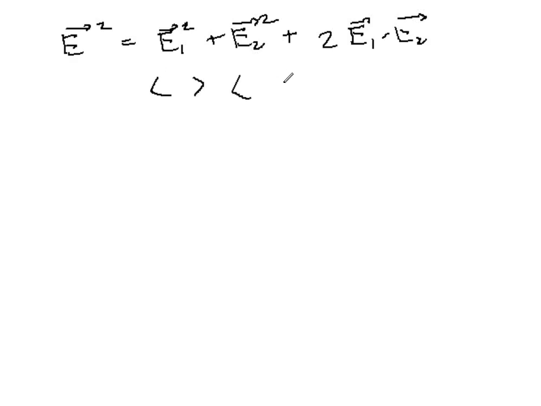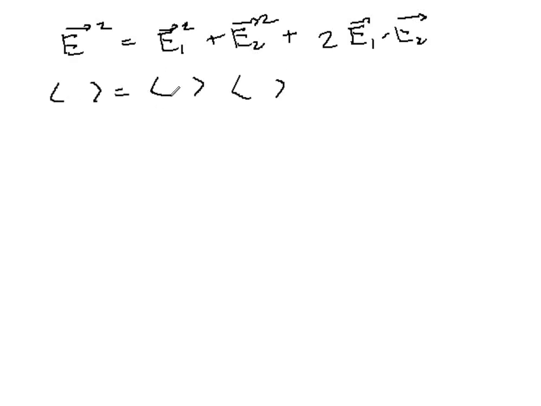So basically we have E1 square plus E2 square along with this vector sum, E1 dot E2. Now you see we have to consider the average, and when we do the averages, then what we will have is basically the average due to this, and the average due to this.